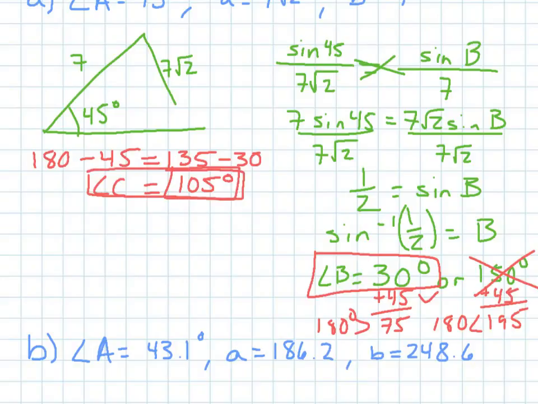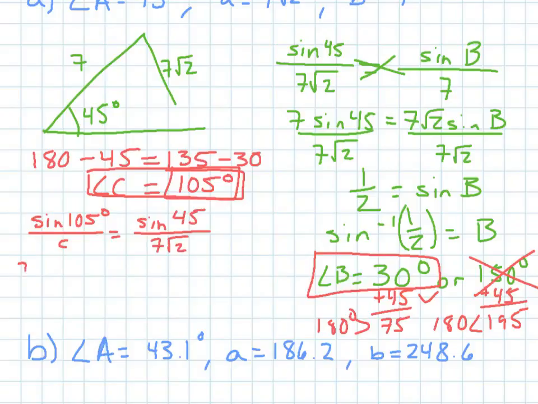And then from there, I need to find side C using law of sines. So sine of 105 over C equals, now you can use either one at this point because they're all exact values, so let's just go back to sine A, sine of 45 over 7 square root of 2.